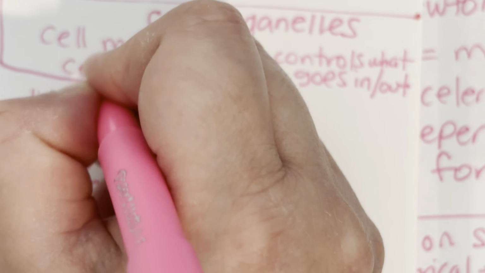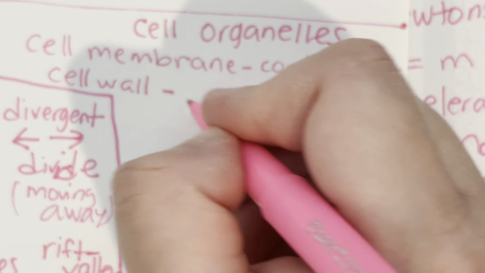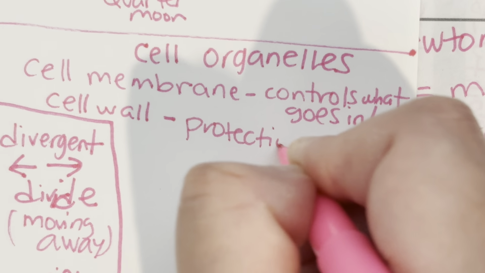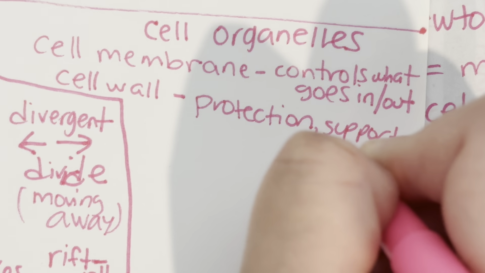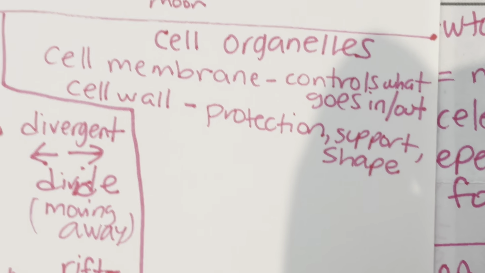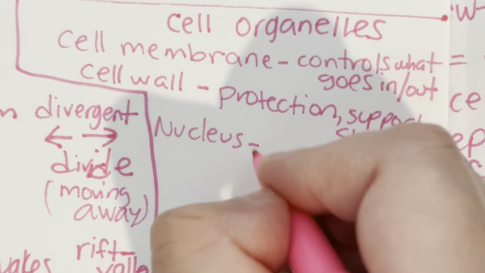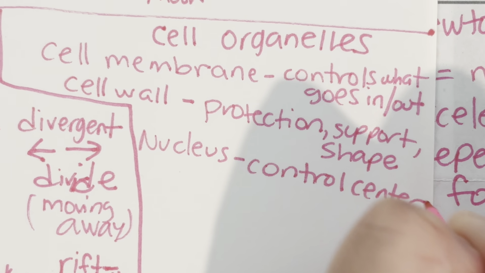The cell wall is only found in plant cells, and it is a more rigid layer. It is for protection, support, and gives the cell its shape. Okay, a nucleus is the control center, controls all the activities within the cell.